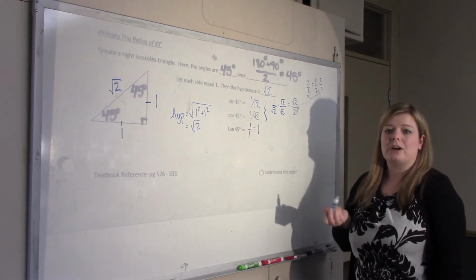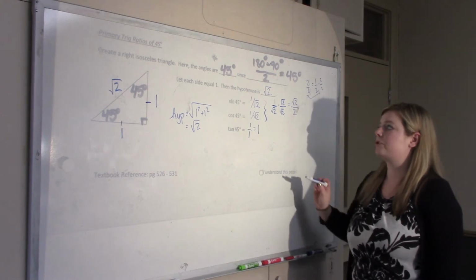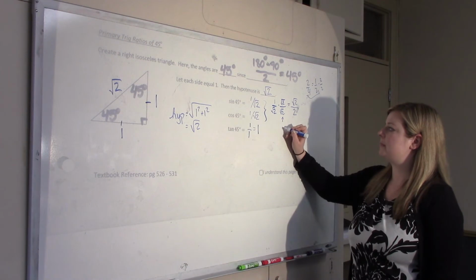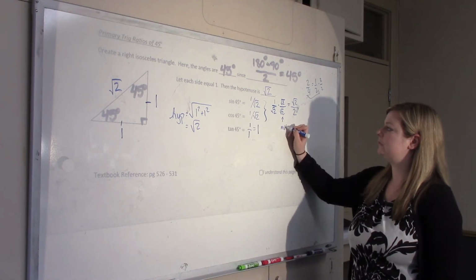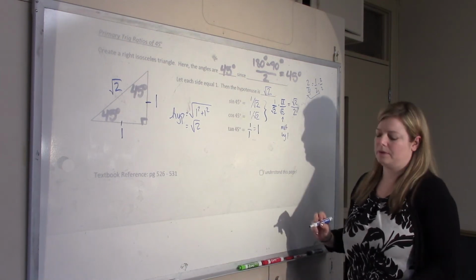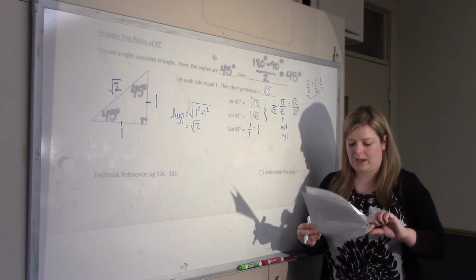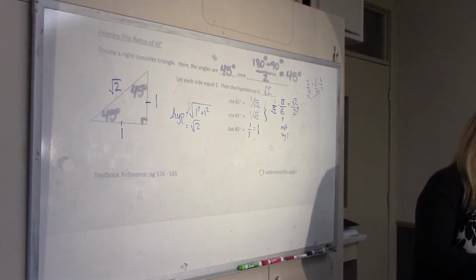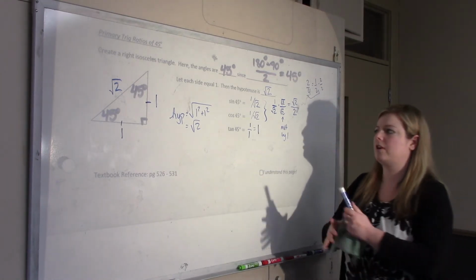But in the back of the book, you might see something like root 2 over 2. That is the same number, just multiplied by 1. All right, so that's 45 degrees. So you need to know that special triangle and these ratios.